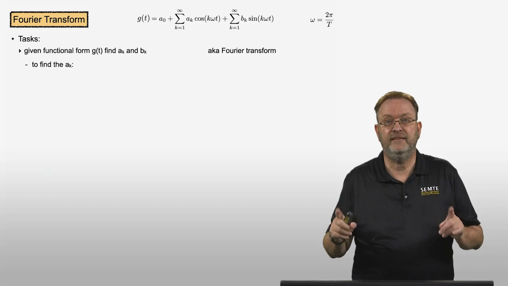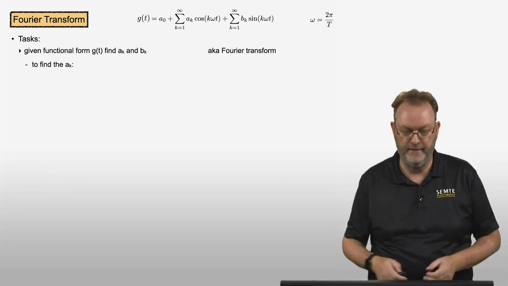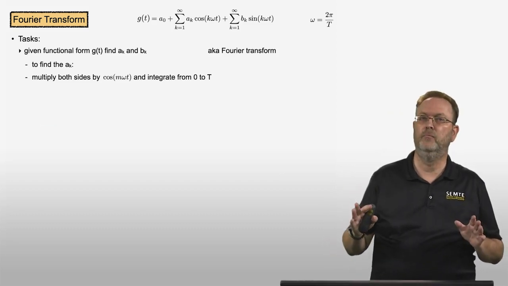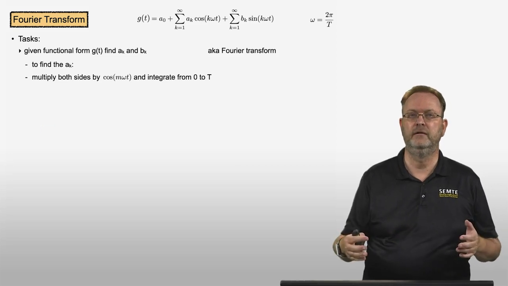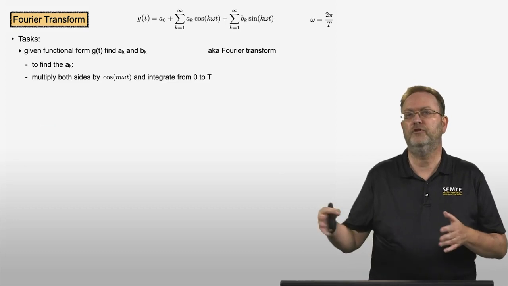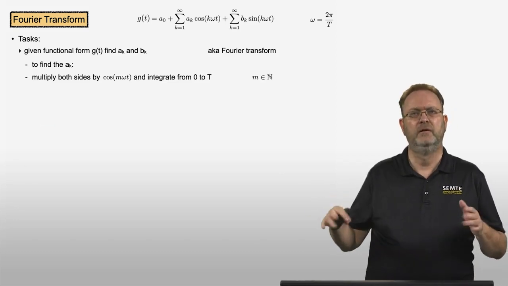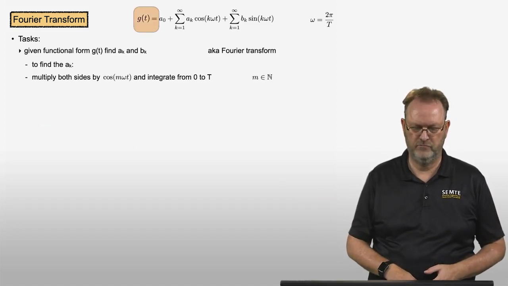In order to find the a_k's, the amplitudes that multiply the cosine, I'm going to do a trick. I'm going to multiply both sides by the cosine of m omega t, and then integrate again from 0 to T, where m is some positive whole integer. So that gives me what?